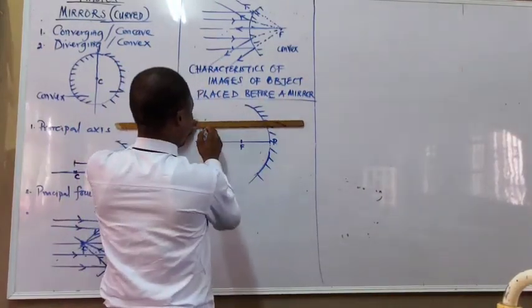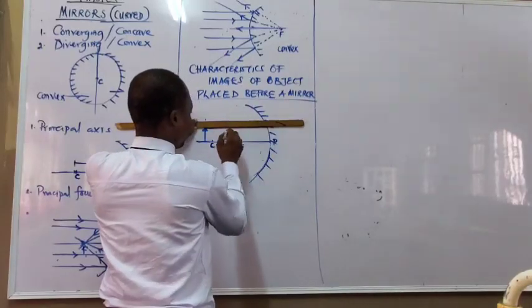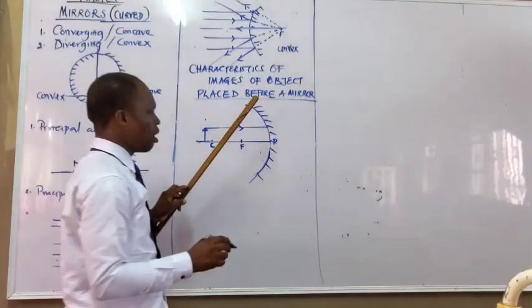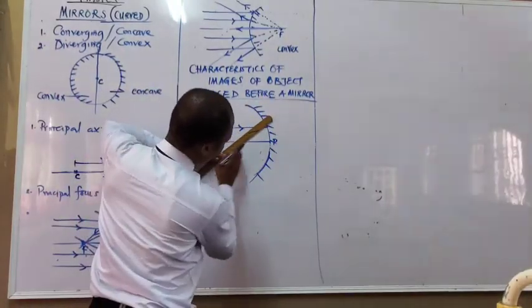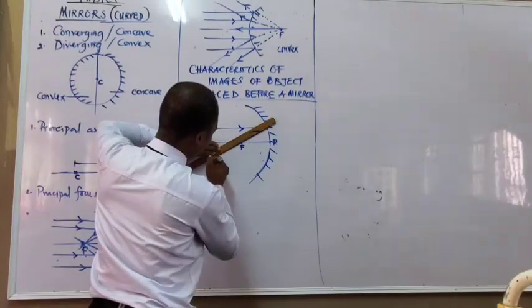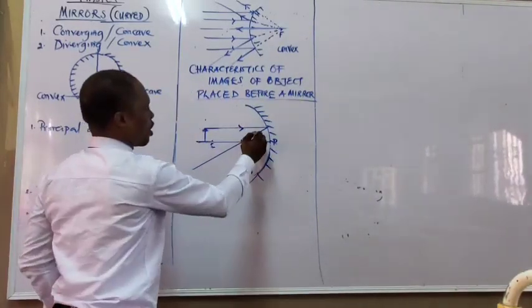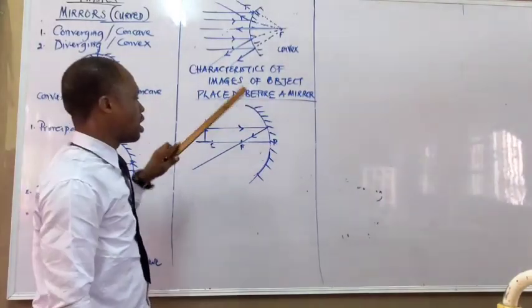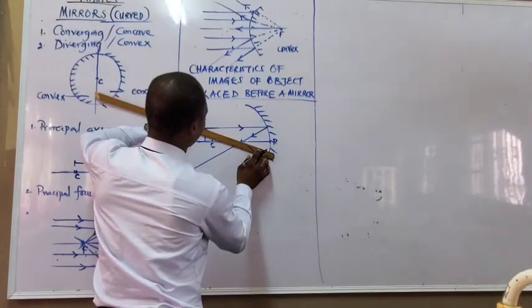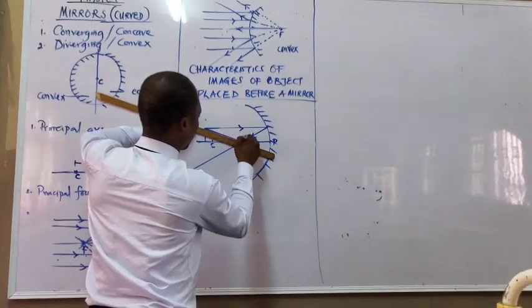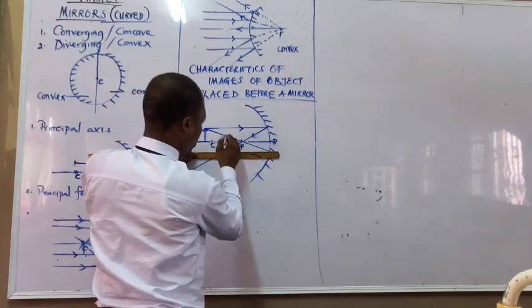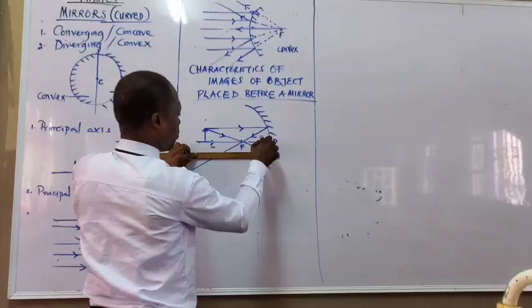So all rays that are parallel to the principal axis, after reflection pass through the principal focus. You draw your arrow line. All rays passing through the principal focus after reflection will move parallel to the principal axis.